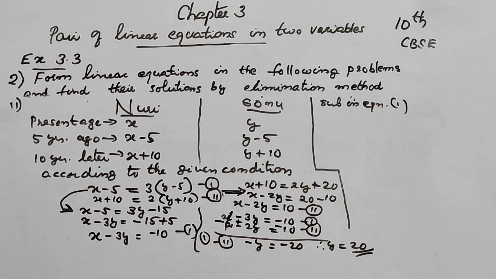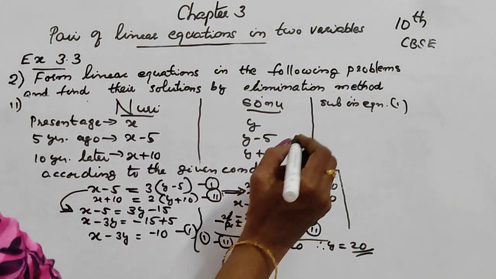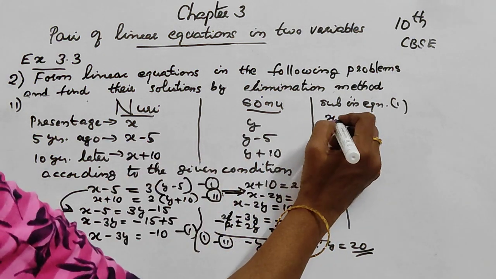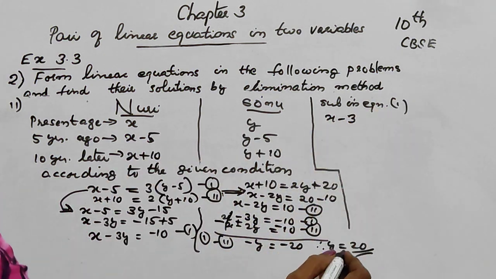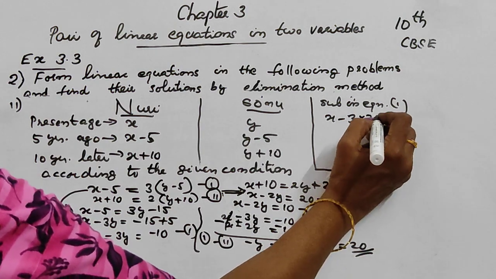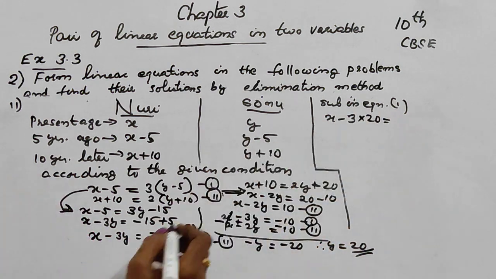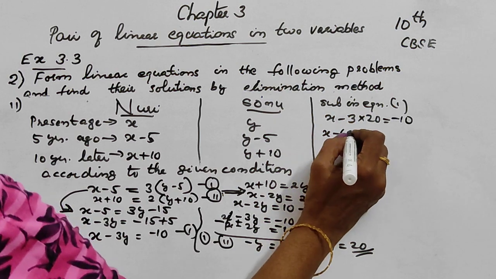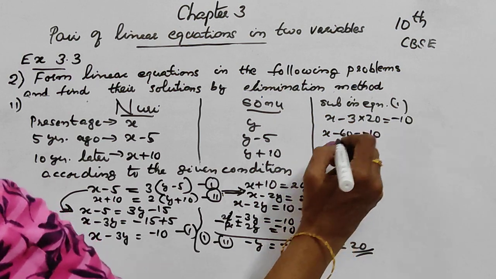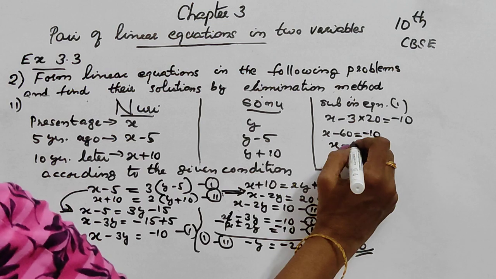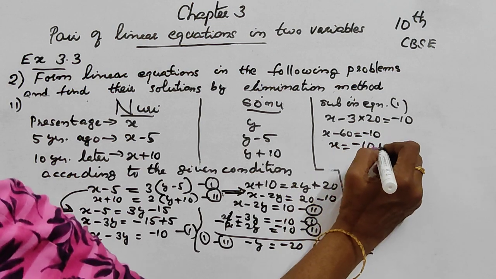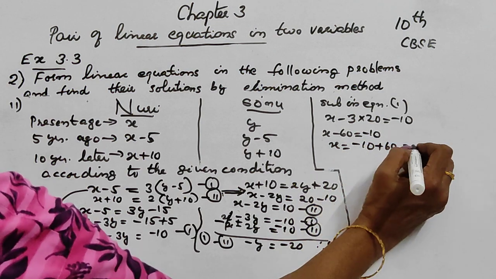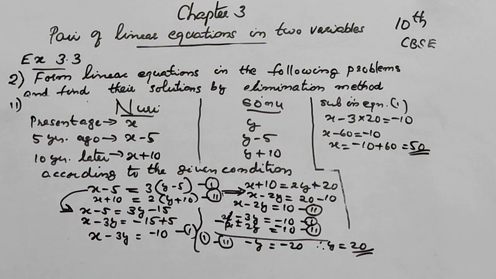What do we get? x minus 3y, y is equal to 20, 3 into 20, equals minus 10. x minus 60 equals minus 10. x is equal to minus 10, bring to this side, becomes plus 60, equals 50. So we got x as 50, y as 20.